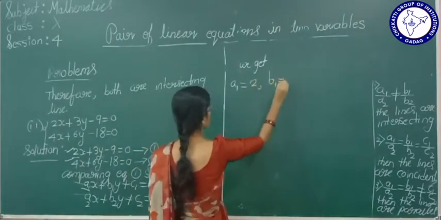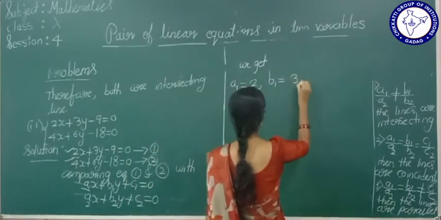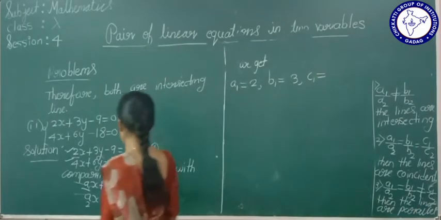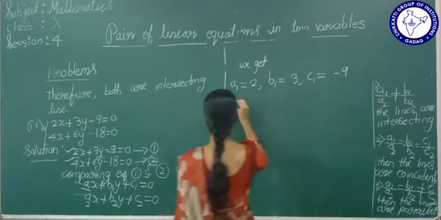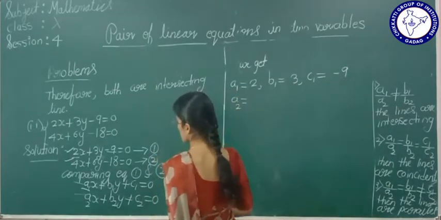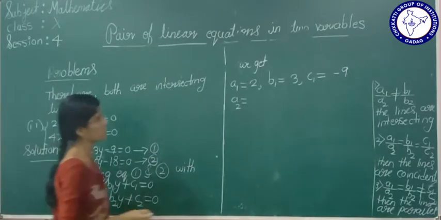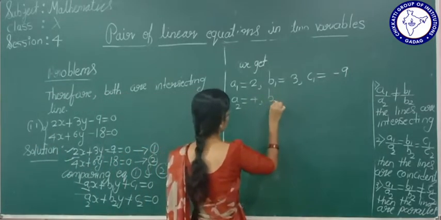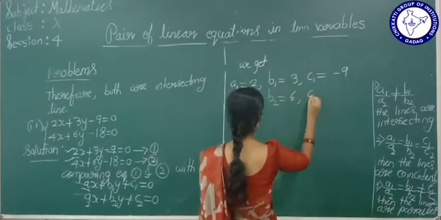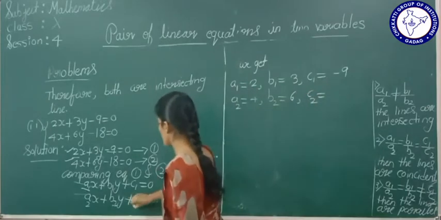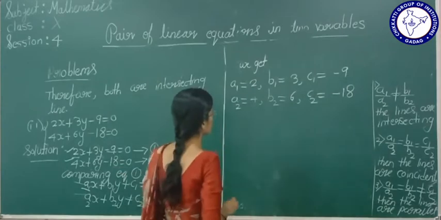What is b1? b1 is 3. c1 is minus 9. a2 is 4. b2 is 6. c2 is minus 18. Okay, now we will compare the ratio.